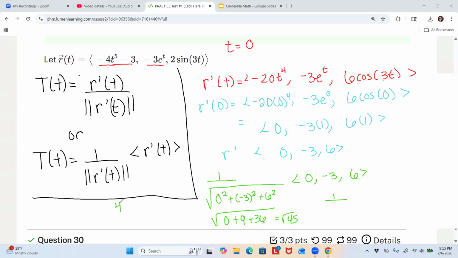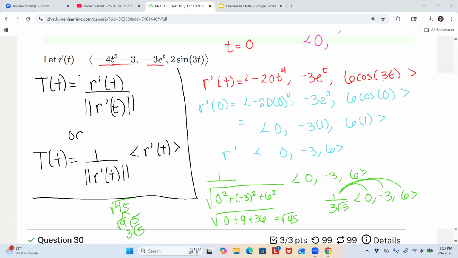Let me bring that to the side. You can simplify that because that's 9 and 5. So root 9 is 3. So that's going to be 1 over 3 root 5, simplifying the radical, times 0, negative 3, 6. Distribute through a scalar, as we have done in the past. I'm going to come up to the top in a pink pen. So anything times 0 is still going to give us 0.